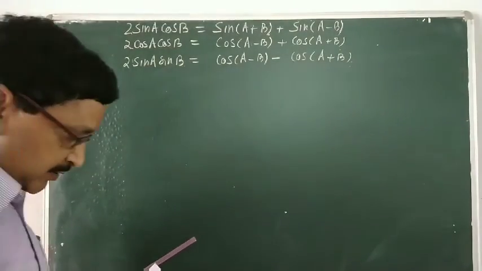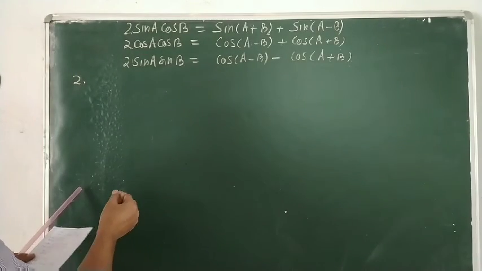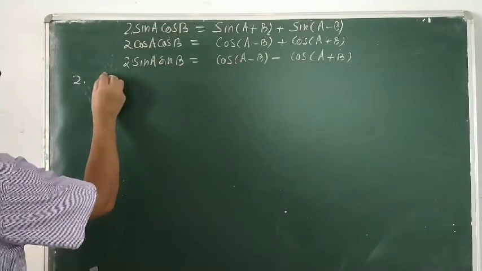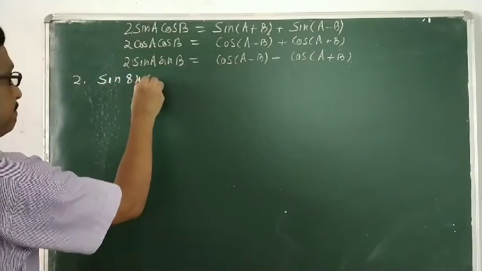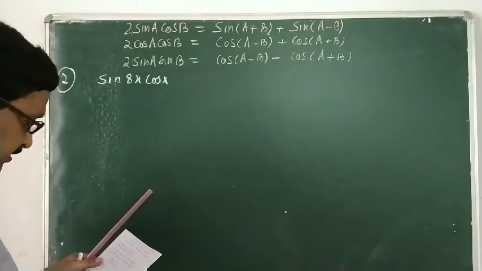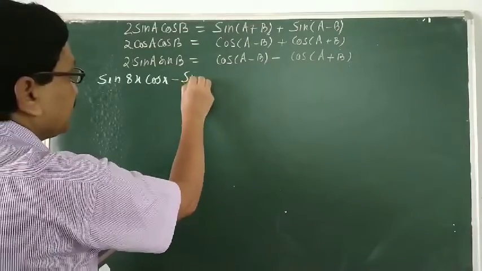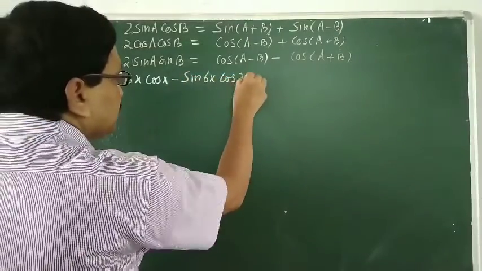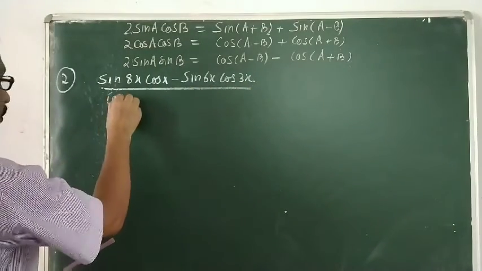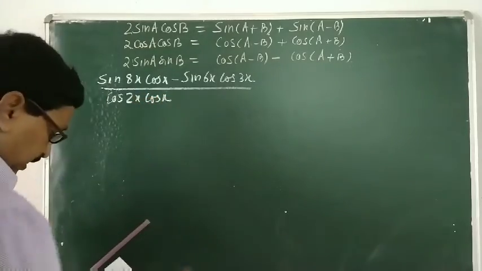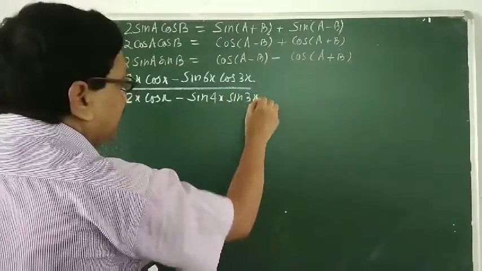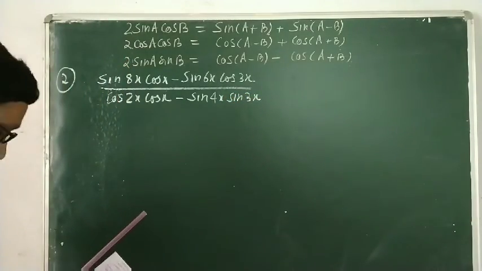The second problem is to evaluate or to find (sin 8x cos x minus sin 6x cos 3x) divided by (cos 2x cos x minus sin 4x sin 3x).